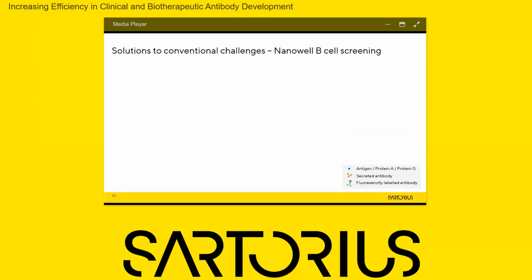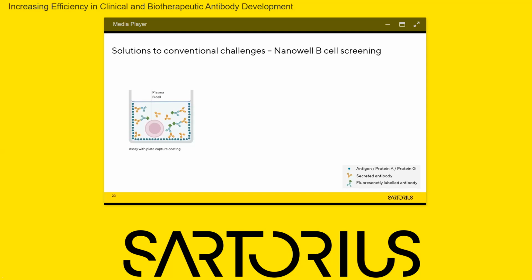On this slide, we can take a look at some examples of the in-well screening applications that can be performed using the CellCelector Flex. So the first one here is an assay with plate capture coating. What's performed here is the antigen, protein A or protein G, is adhered to the nanowell surface.